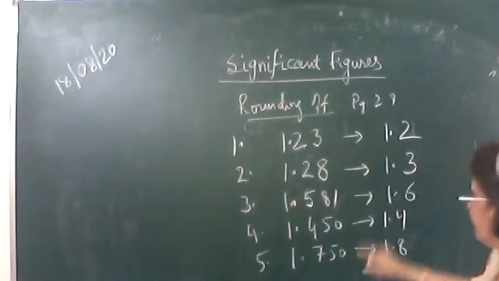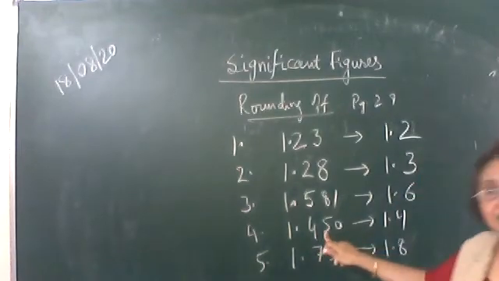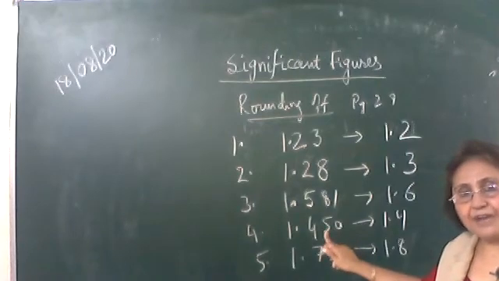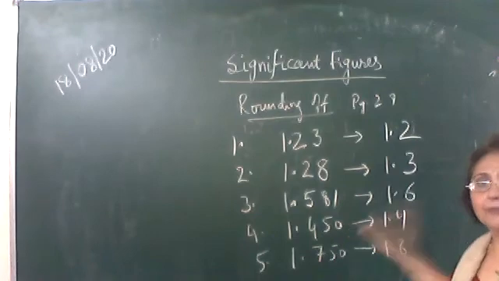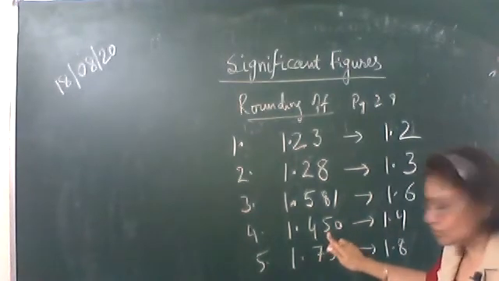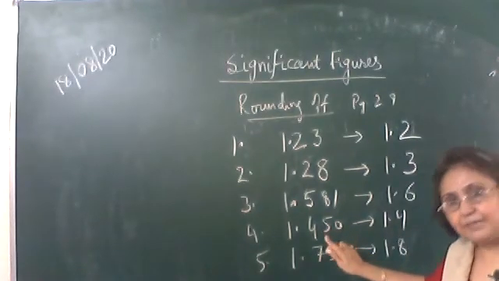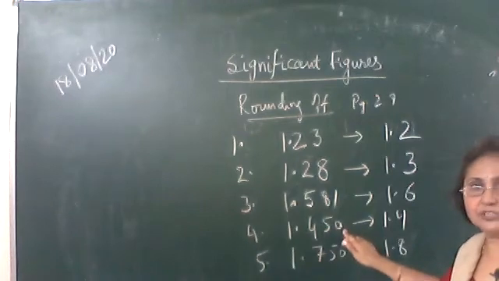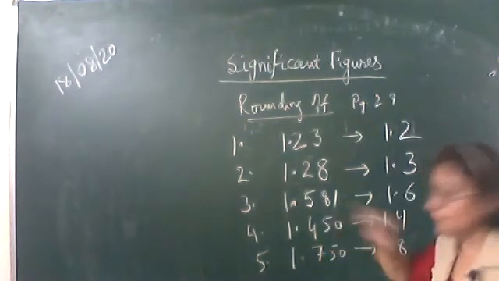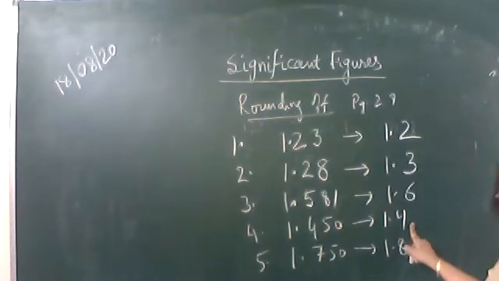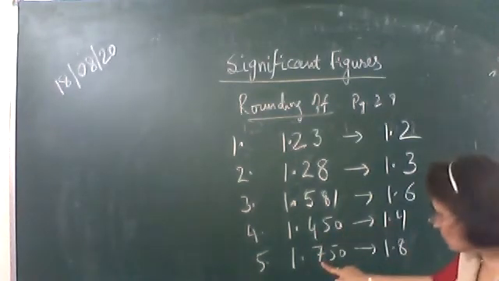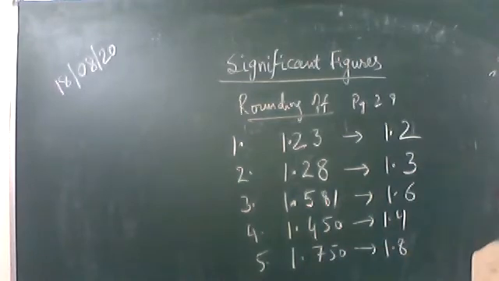Again, I explain. Here the digit to be dropped may be 5 only, like 1.45, or 5 followed by zeros. Then you have to see the preceding digit. If it is even, it will remain unchanged. If it is odd, it will be raised by 1.